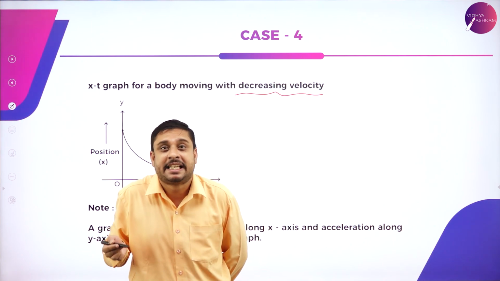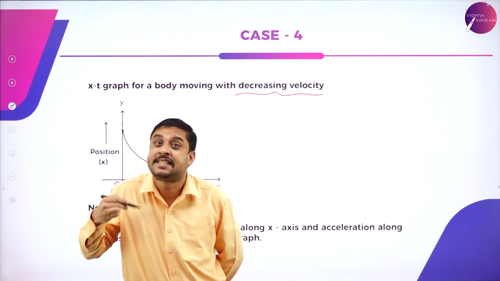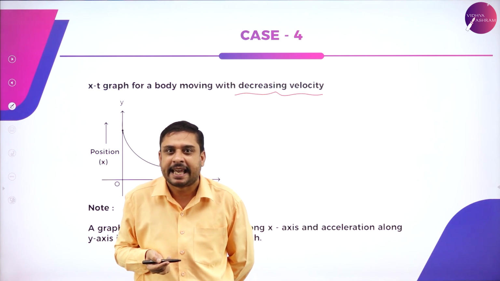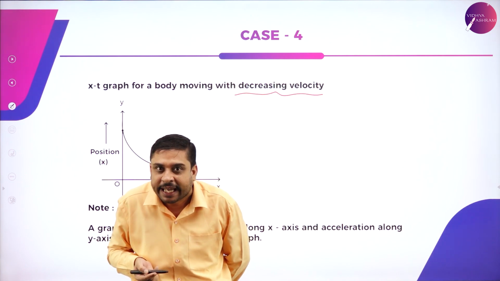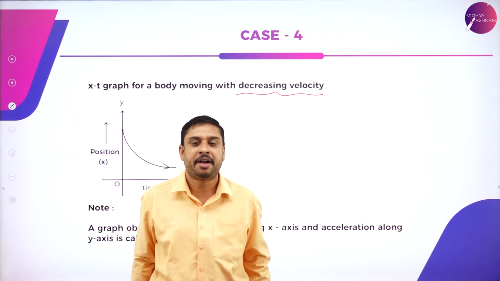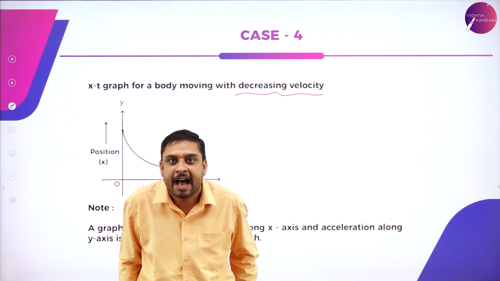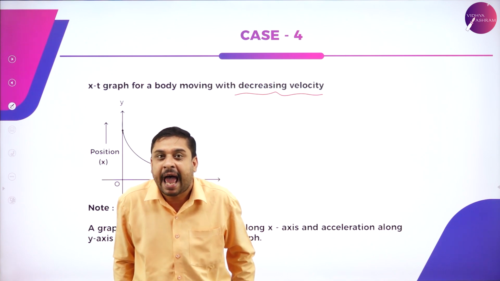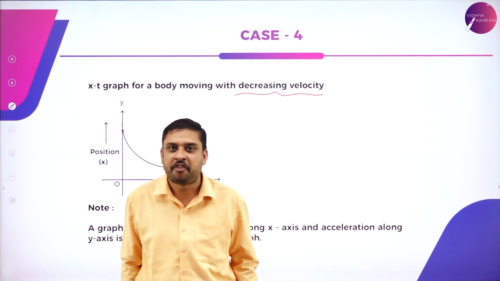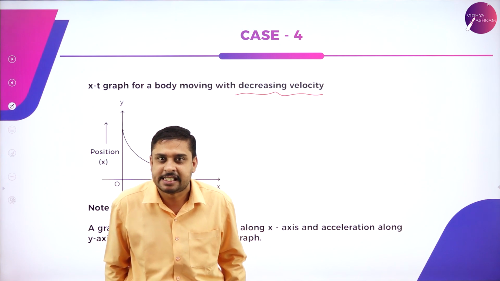Then what is the significance or importance of an XT graph? The slope of the XT graph gives me the velocity of the moving body. Do remember, the slope of the VT graph gives me the acceleration, whereas the slope of the XT graph gives me the velocity.